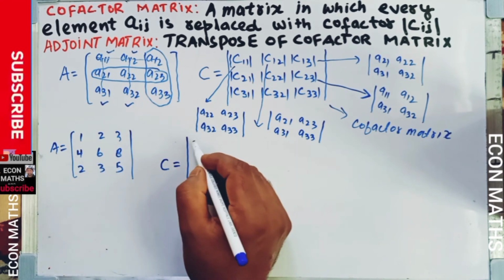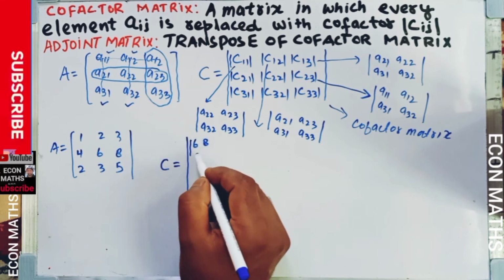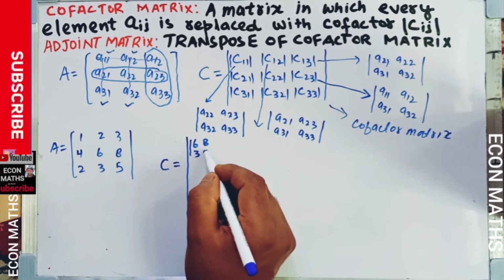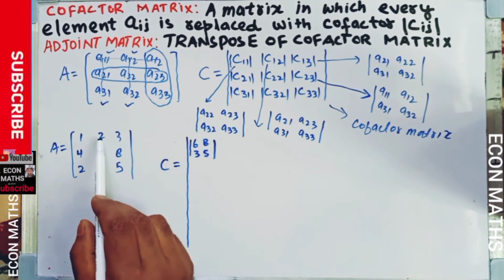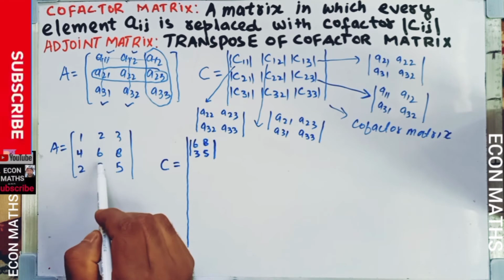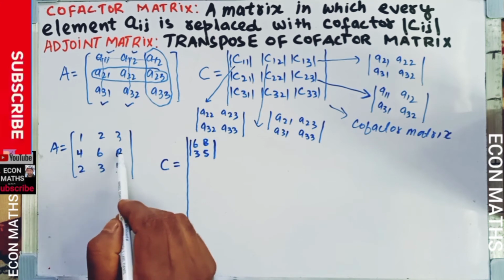So this is the first cofactor. Similarly, for 2 we delete the row and the column in which it appears and take the determinant of the remaining elements. Here this is 4, 2 and 8, 5.